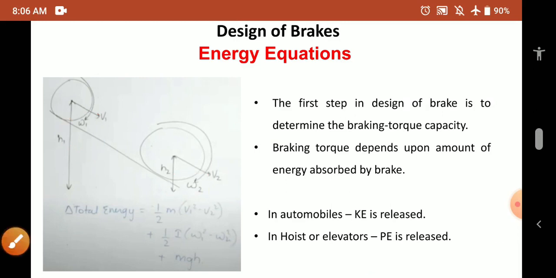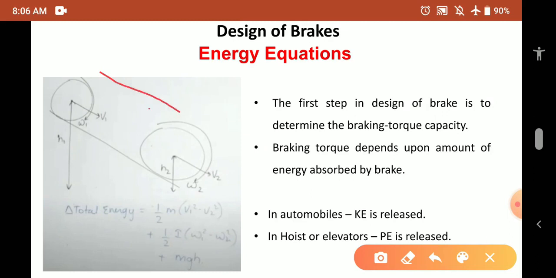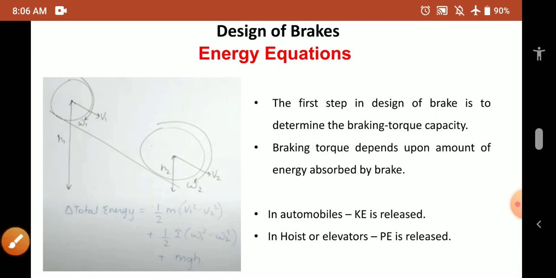When we are applying the brake here, the speed of this object will reduce. Therefore while reducing this speed, kinetic energy is released. So this kinetic energy released by this vehicle is absorbed by the brake.